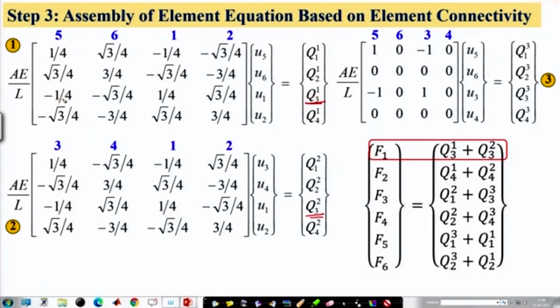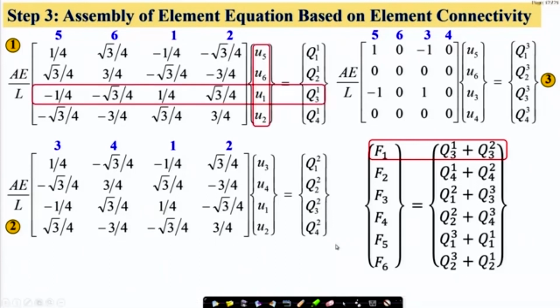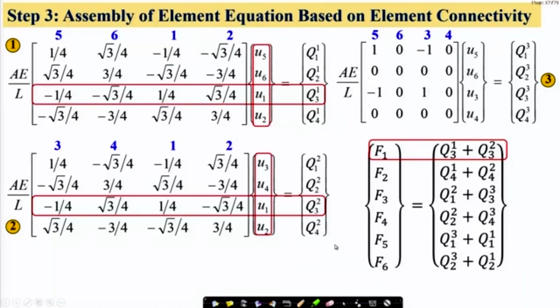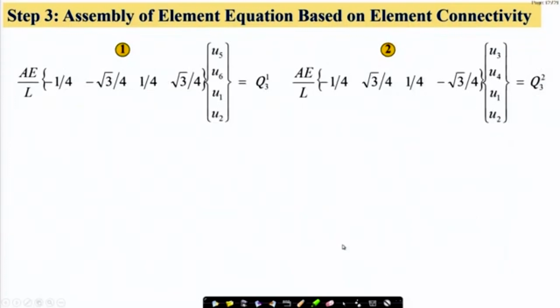Q33 will be this entire row multiplied by this displacement vector, and similarly this Q33 will be this entire row multiplied by this vector, and this should be added, and once we add it we will get F1. Now, if we do that exercise, this is for Q31 and this is for Q32, and let us substitute this in this equation. If we do that, this will be Q31 and this will be Q32.